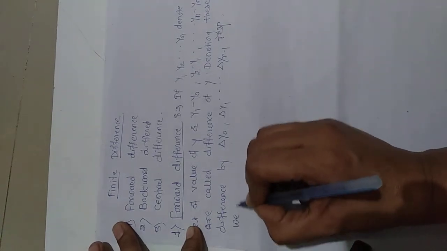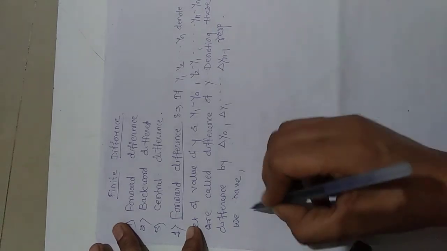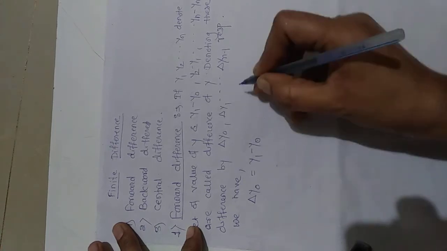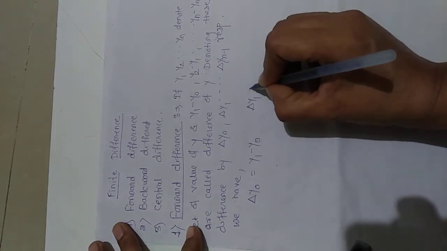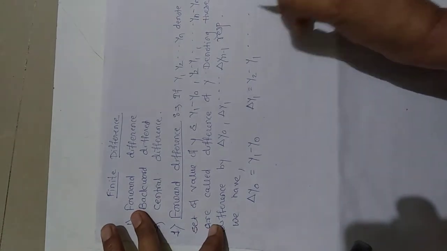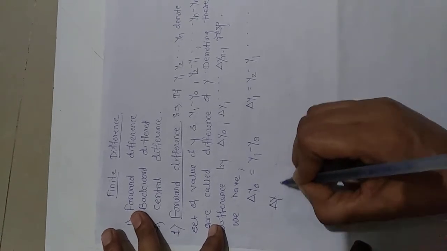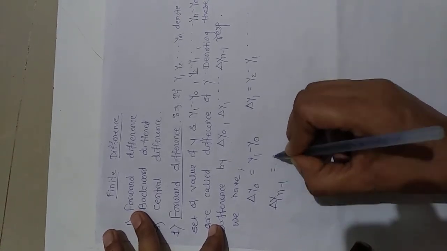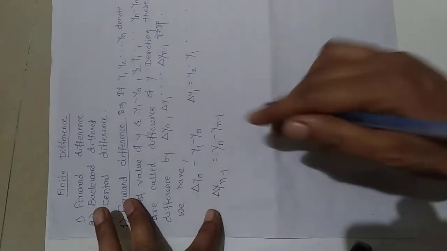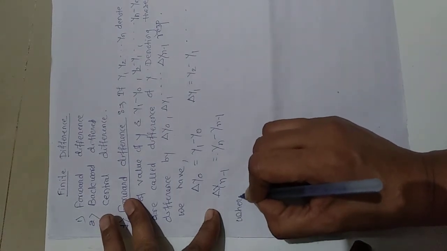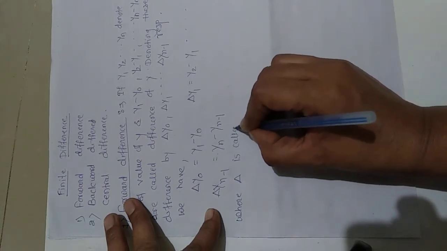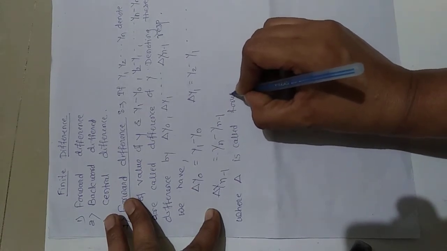We have del y0 is equal to y1 minus y0, del y1 is equal to y2 minus y1, up to del yn minus 1 is equal to yn minus yn minus 1, where del is called the forward difference operator.